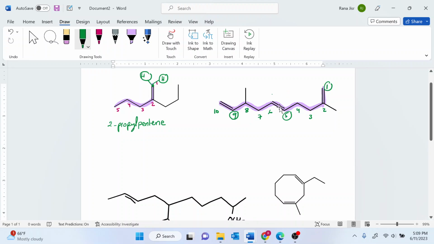But the double bond on 5, yes, there is a stereochemistry, and you can easily see that the groups are trans or they are E. You can use both. You can use a trans or you can use E. Normally in naming, we prefer to use the E and the Z system over the trans and the cis, but you can still use the trans and the cis since also you have two hydrogens that are the same here.